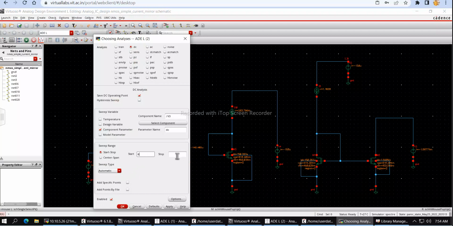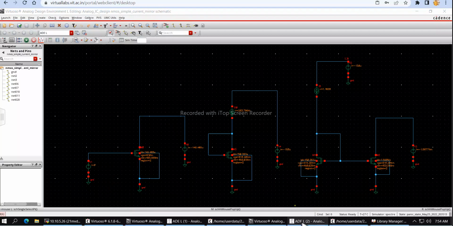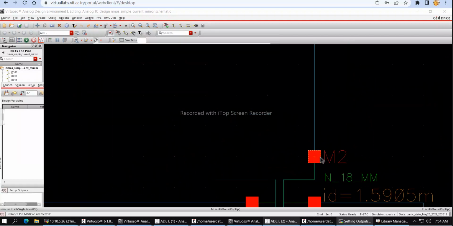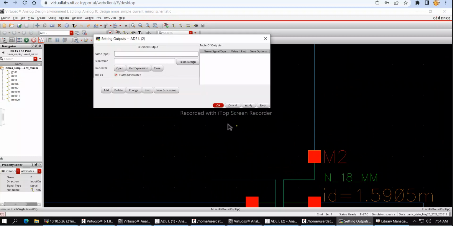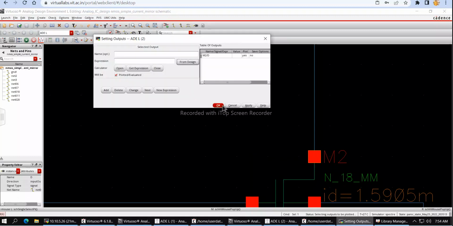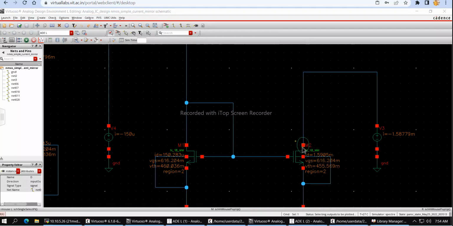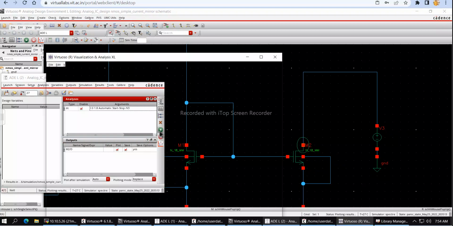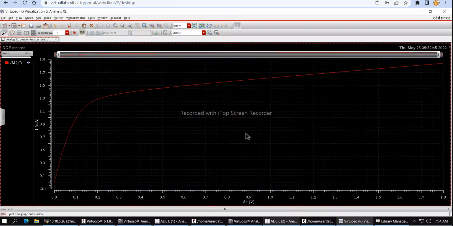We are sweeping from 0 to 1.8 volts, and we need to plot the current. Now we shall plot the same and find out what the headroom voltage is from the graph.